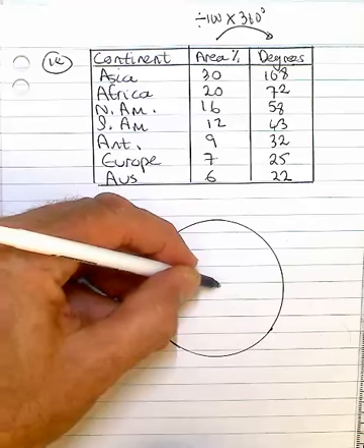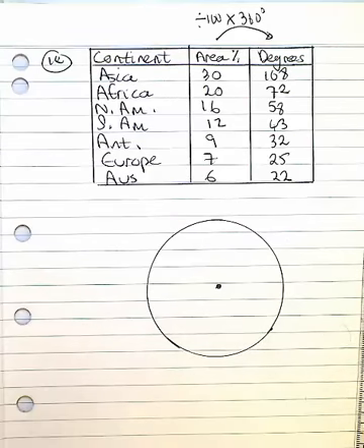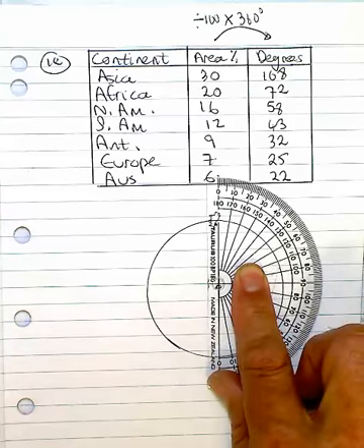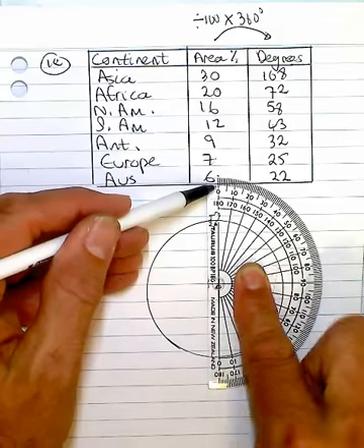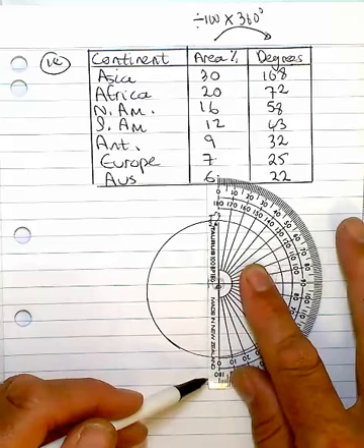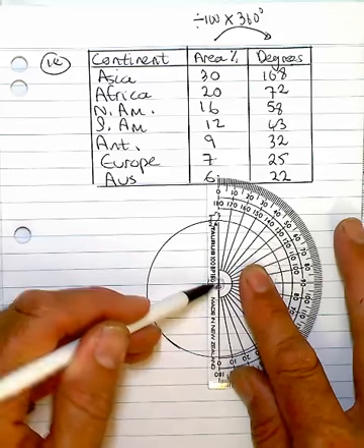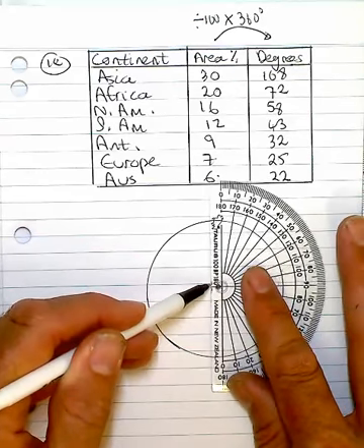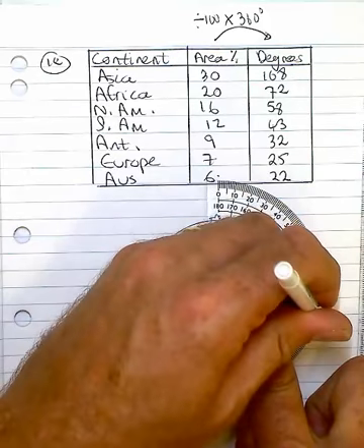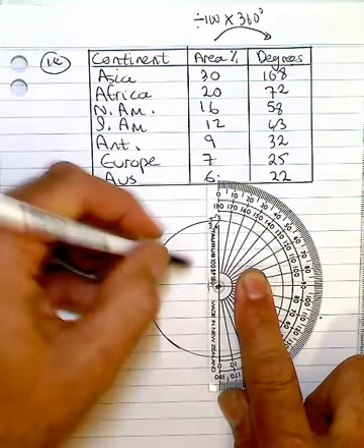Locate the approximate centre of your circle, and then what we'll be doing in a moment is to use our protractor in order to map out the degrees. So orientate your protractor so that the 0 is at 12 o'clock and the 180 at 6 o'clock. What I'm going to do here, I'm just going to locate the dot in the middle of my circle at the crosshairs, and then I'm going to go around to about 108 degrees and put a little dot.